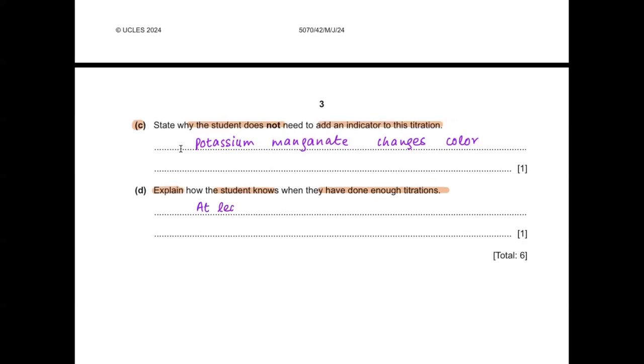At least two titrations with the difference of 0.2 centimeter cube. Sir, how is it 0.2? Because if you see in the previous ones where we have ticked the two titrations, if you recall, for example, no, not this one.